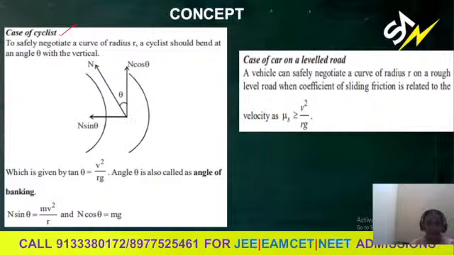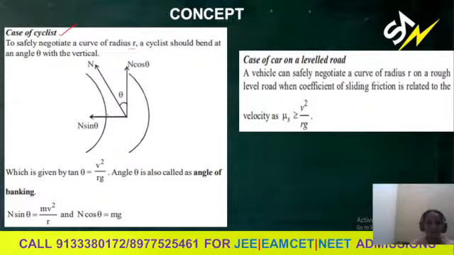You can see this is the curve of the circle. To safely negotiate a curve of radius r, a cyclist should bend at an angle theta with the vertical. So while moving along that curve, the cyclist needs to bend at some angle.